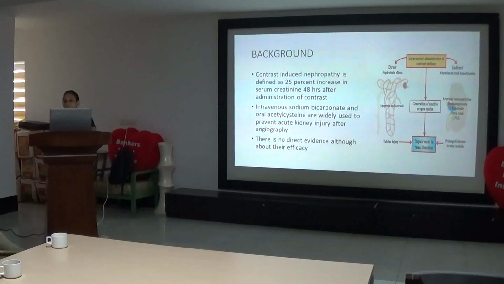That is why even in the European guidelines acetylcysteine is still there, though it has not been accepted all over the world. It's equivocal. The mechanism of action implicated is that it prevents superoxide, so it is an antioxidant. But it hasn't produced any concrete evidence that we can incorporate and extrapolate it in our practice.